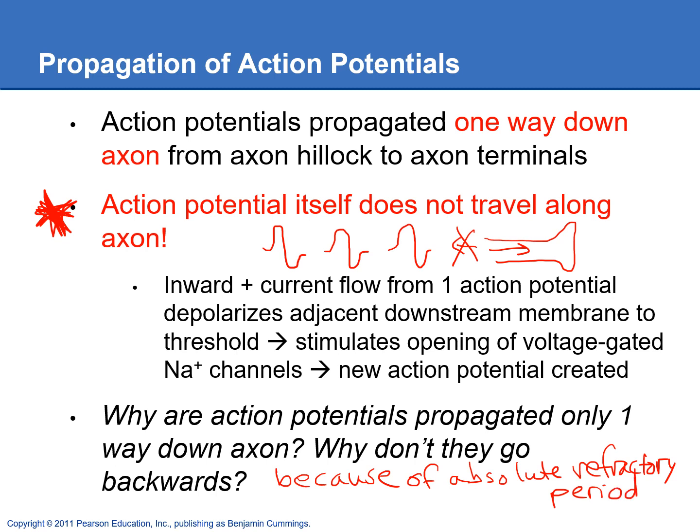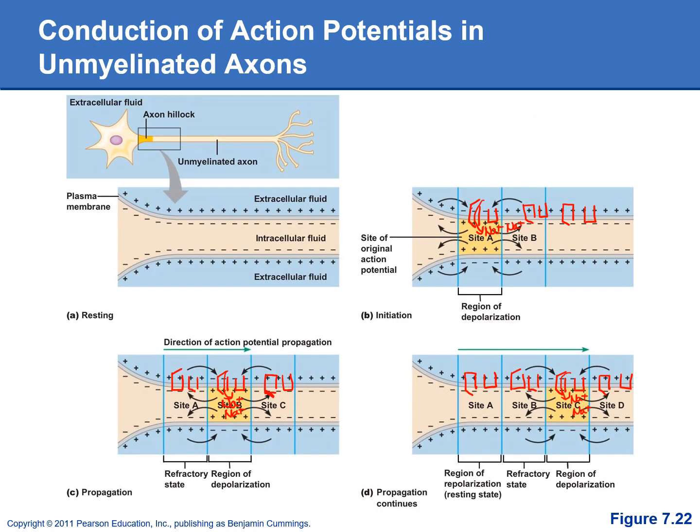Okay, so let's just take a look at some pictures here. All right, so we've got our axon here, and we've generated some graded potentials in the dendrite or the soma, and here's our axon hillock.